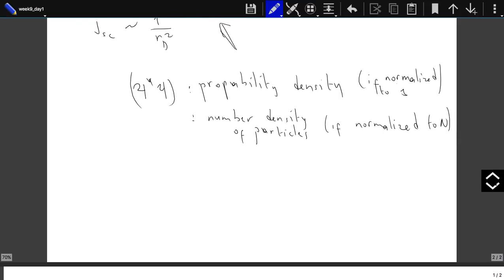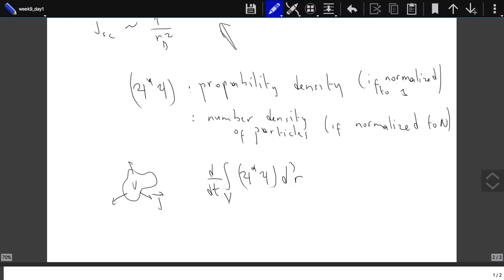Now, if you assume any volume, and the number density within this volume is changing, it will be due to the flux of particles leaving this region. So within this volume, the rate of change of the integral of psi star psi d cubed r, if there is a flux going out of my volume, this number should be decreasing.